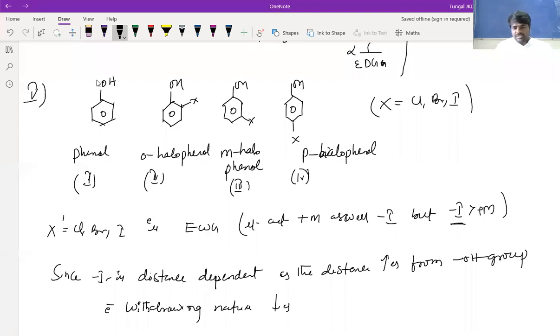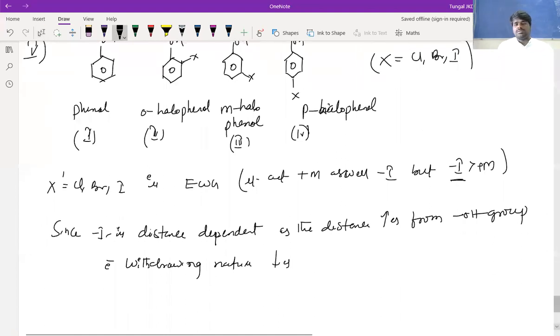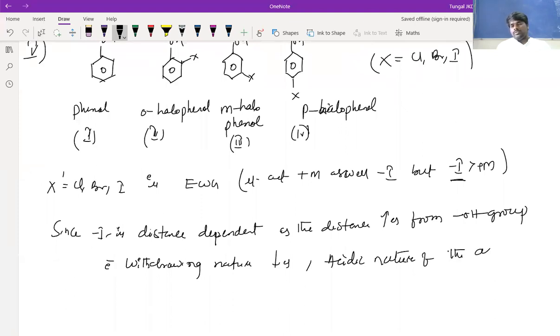Hence, the acidic nature of the above compounds decreases in the following order.